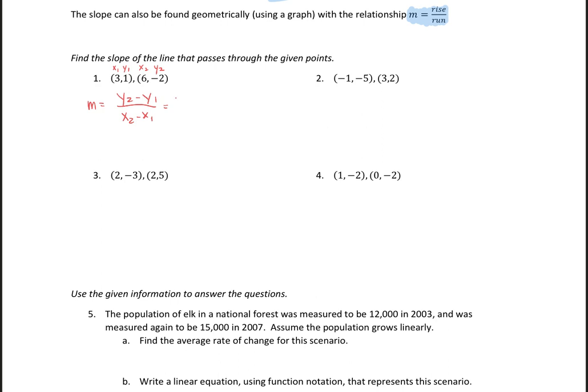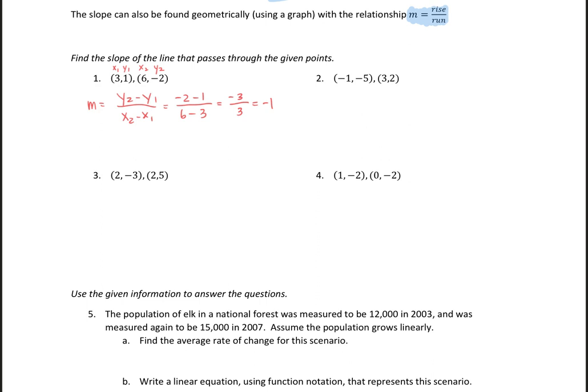So that would be y2 is negative 2 minus y1 is 1 over x2 is 6 minus x1 is 3. So negative 2 minus 1 is negative 3 over 6 minus 3 is 3. Negative 3 divided by 3 is negative 1. So the slope of that line is negative 1.